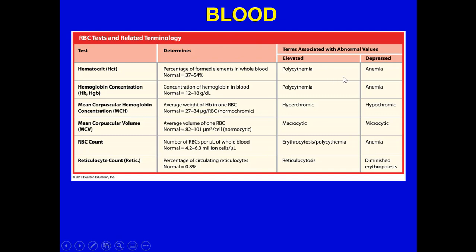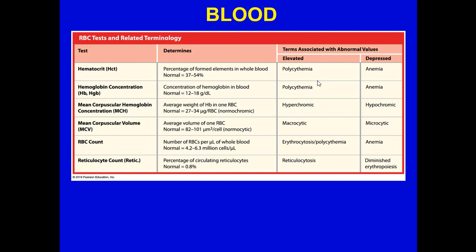Well, if you have elevations of hematocrit, that could be polycythemia. This is a situation where you are producing far too many red blood cells, and so the viscosity of the blood gets greater, and that puts a strain on the cardiovascular system. But athletes try to do this, even for a short time, with the idea that enhanced red blood cells are enhanced oxygen carriers, and they give them an athletic edge in competition.